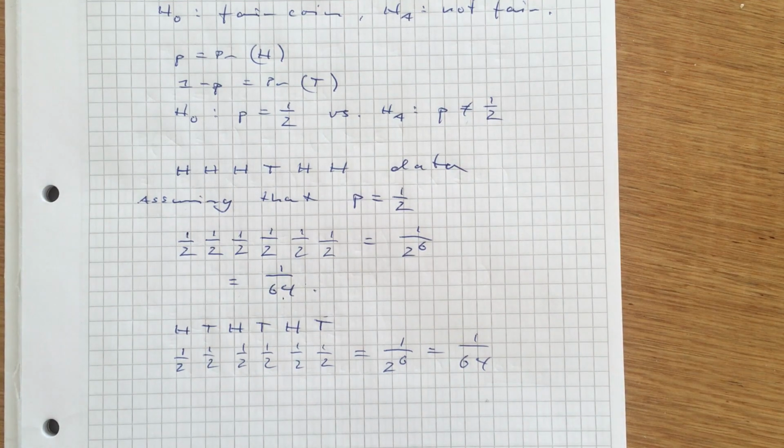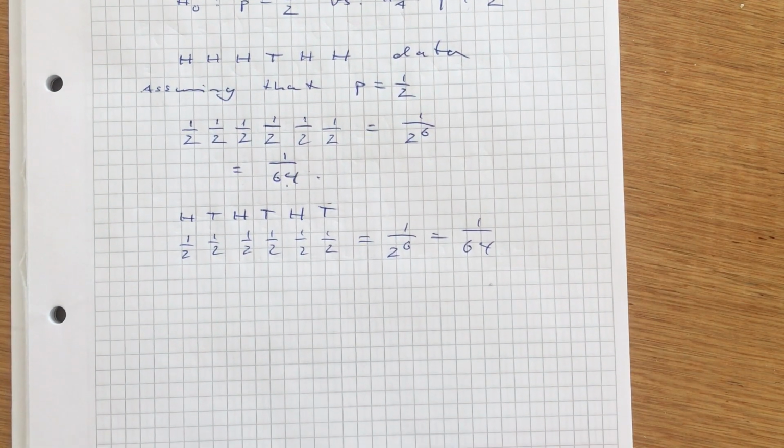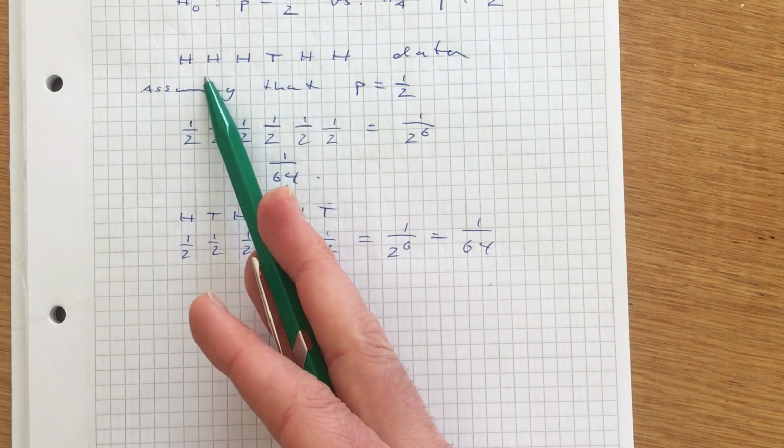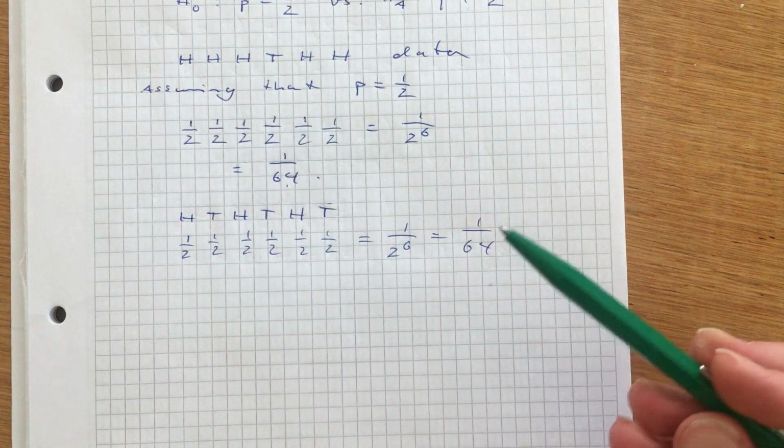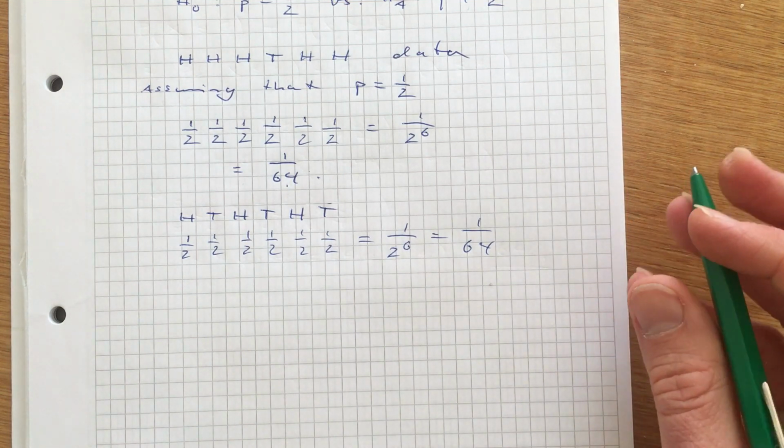First we have to agree on which sequences are just as surprising as this sequence under the assumption that the null hypothesis is true.